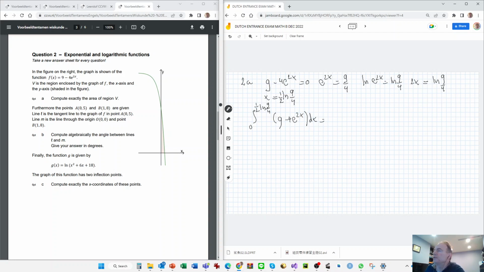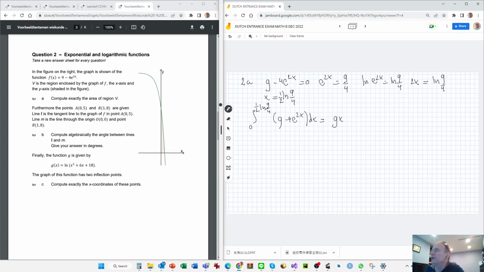The primitive of 9 is just 9x, and the primitive of an exponential function is just equal to itself, but with the chain rule you get a factor 2 when you differentiate, so we need to divide by it.